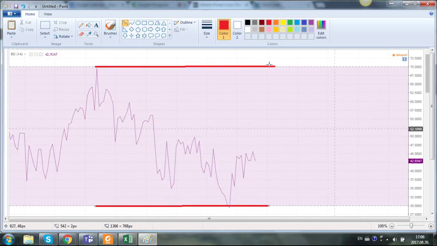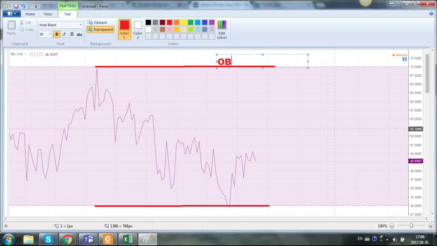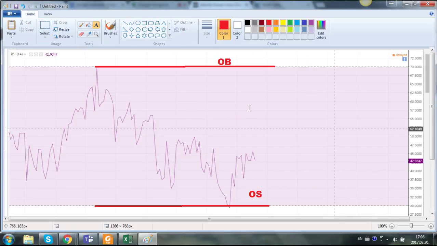HR 70 for oversold and 30 for overbought. Overbought sa 80. Okay, overbought, oversold. Okay? So yan. So ano ba yung ibig sabihin nito?